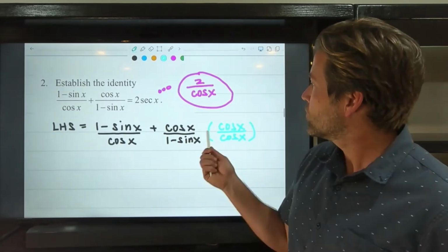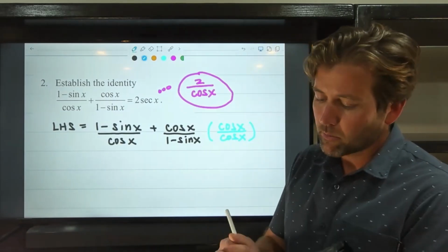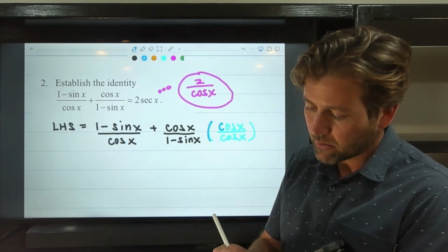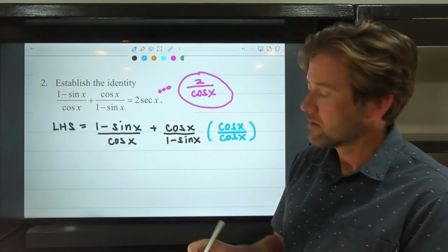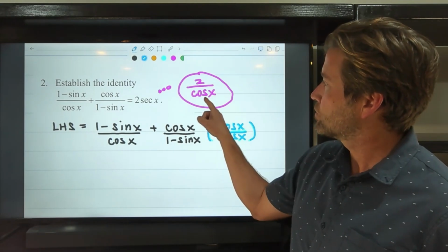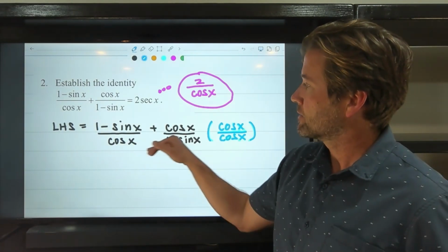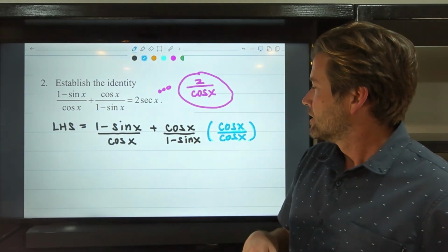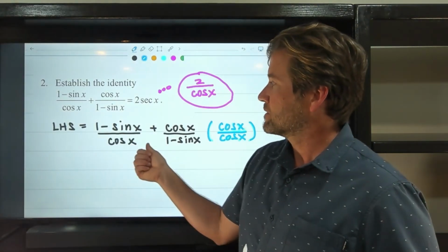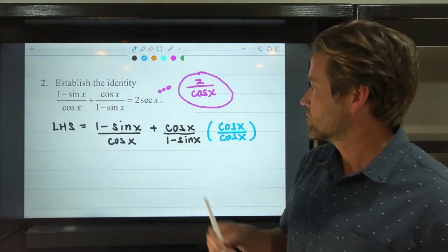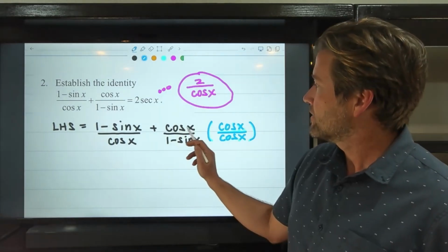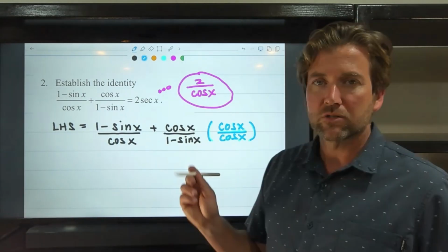So the reason why I put this cosine of x here, let me put it in dark blue in case that's not showing up on your screen, is that's what I want to get these denominators to become. It'd kind of be nasty if people did combine these and create a common denominator. I don't really want to do that, but you could try that. So here, cosine of x times cosine of x is cosine squared x.